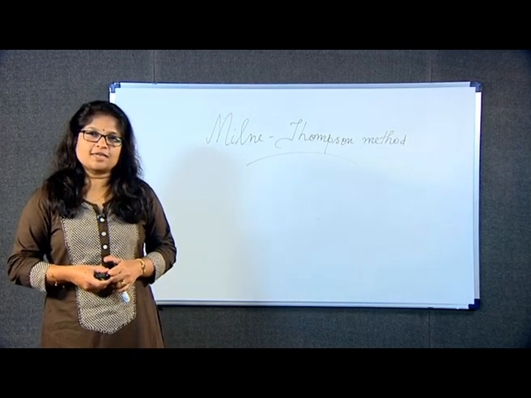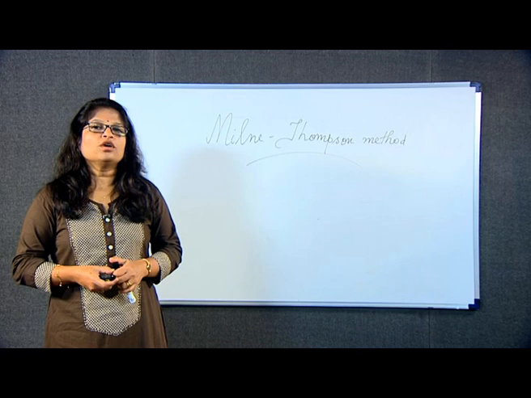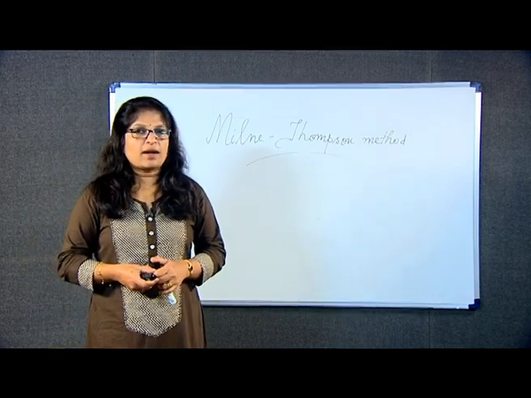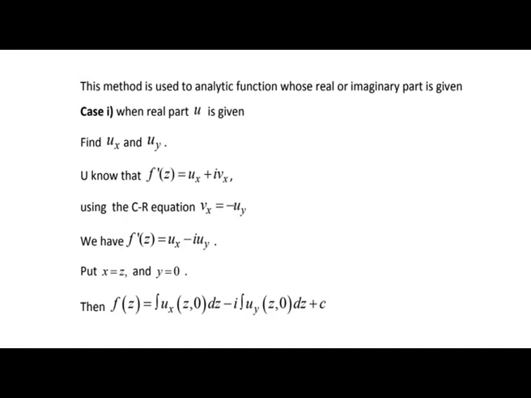Let us start with the first case. You want to find an analytic function f of z and your real part u of xy is given to you. So, how do I use this method? Since u is with you, you can find the first and second order derivative of u. That means you can find ux and uy.